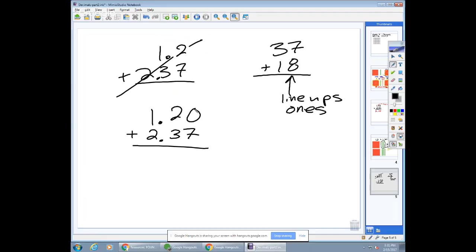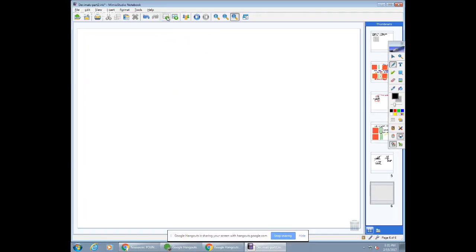Is subtraction algorithmically much different than addition? The answer is no. Lining up the place value is the key thing there. We then just have to decide, what is our model, comparison or takeaway? So let's just do an example of that before we move on. So I'm going to look at subtraction as comparison.